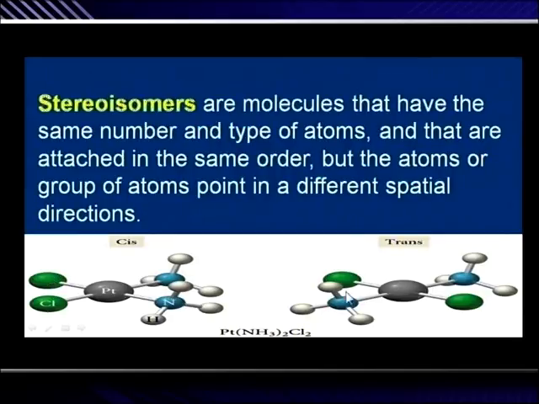The molecular formula of these two compounds is the same but the spatial arrangement of the ligands around the central metal atom is different, right friends? Yes. This difference is nothing but stereoisomerism.